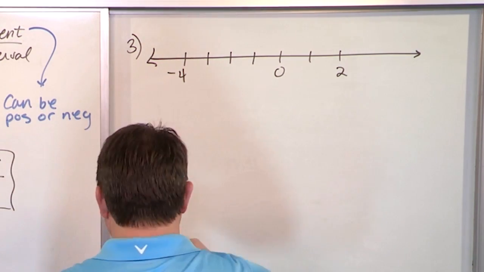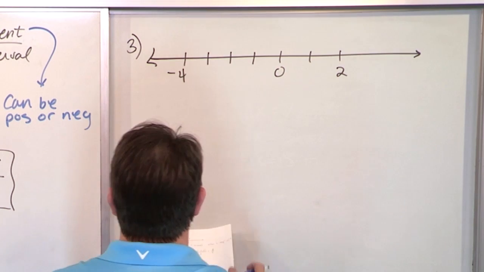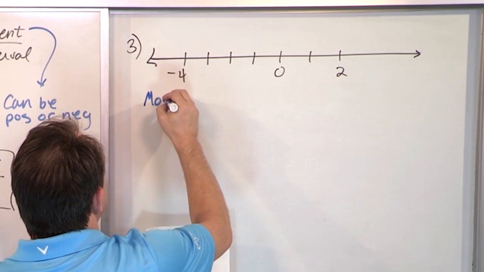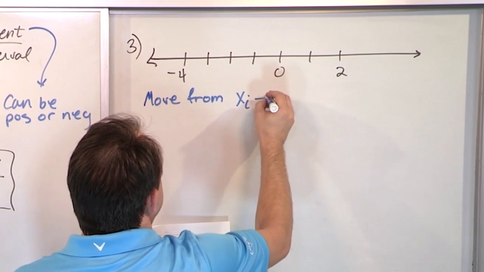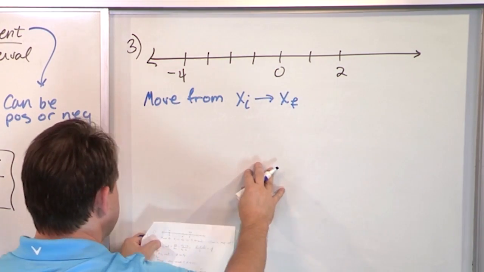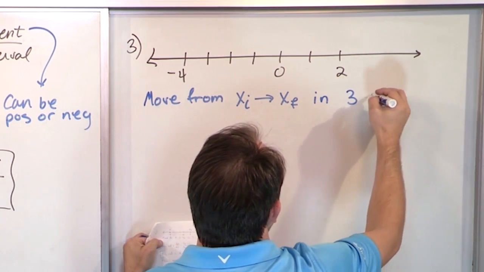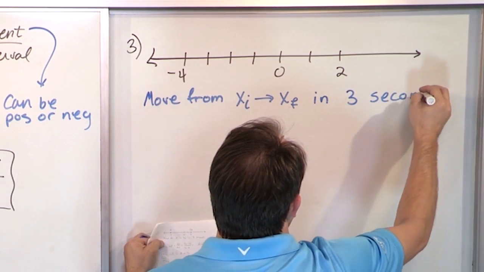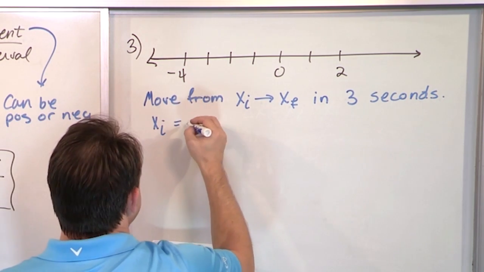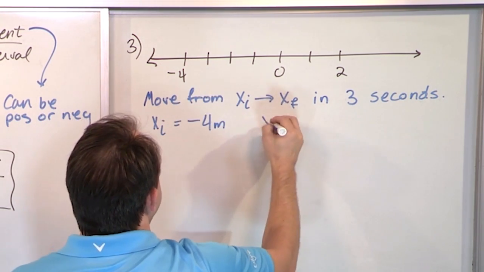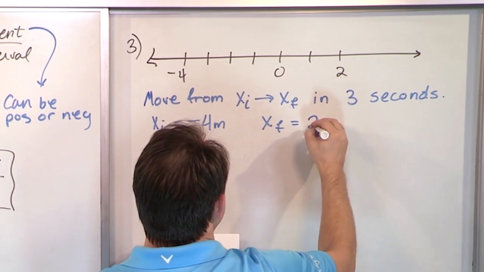And my question says, you know, in your book or whatever you're given in an exam, it might say you move from the initial position to a final position in 3 seconds. And it might tell you the initial position is -4 meters, and the final position is +2 meters.